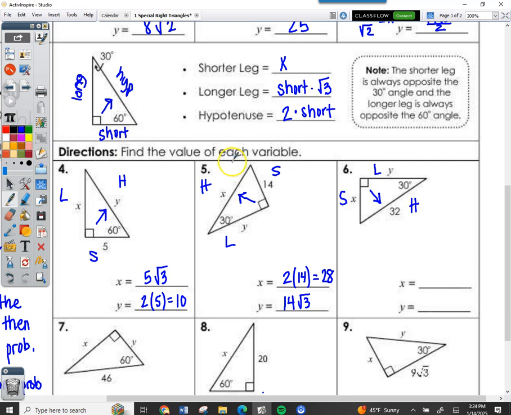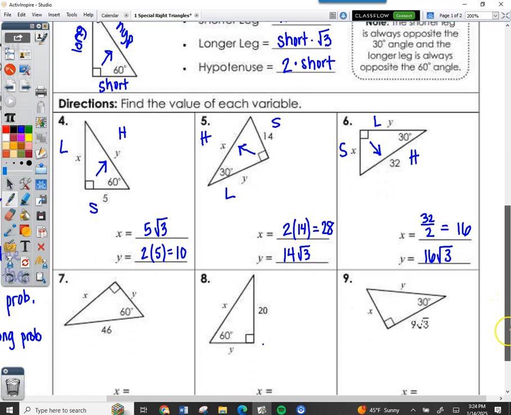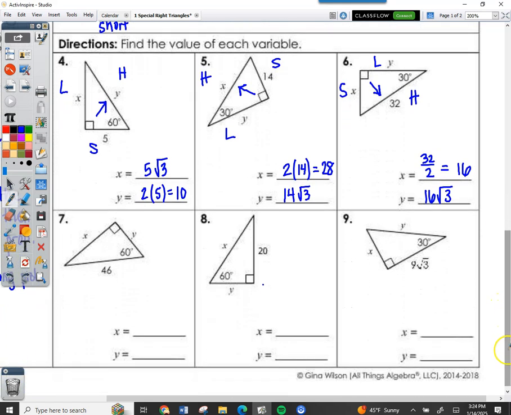Whatever the short is, the hypotenuse is times 2, so go reverse. If the hypotenuse is 32, then the short would be 32 divided by 2, which is 16. Now I know the short, so I can finish it with the long side. So it's going to be 16 root 3. So those aren't bad at all.